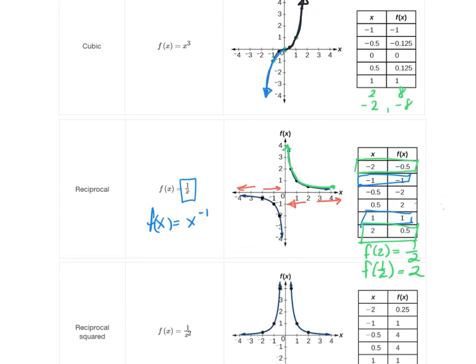Now with the reciprocal function, f of x is equal to 1 over x, I can't do f of 0.